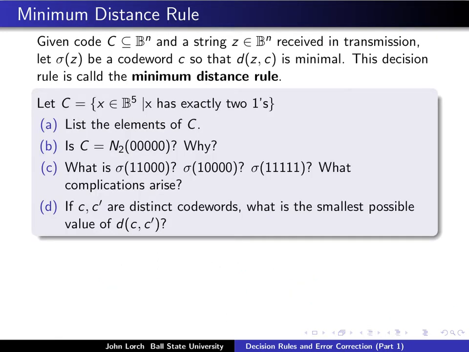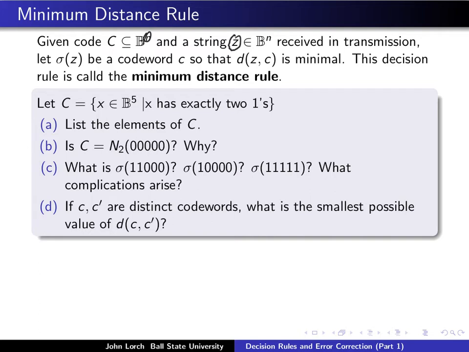Okay, now we're ready to introduce the minimum distance rule, which is a type of decision rule. So we start with a binary code C where all the code words have the same length n, and we have received a string Z, also of length n, in transmission.